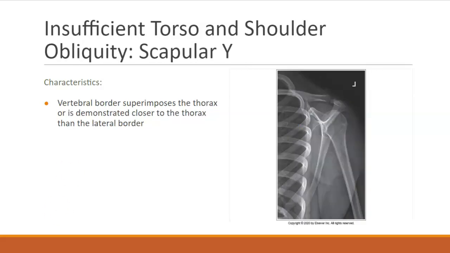In insufficient torso and shoulder rotation for the scapular Y, the medial border or vertebral border will superimpose the thorax, and it will be demonstrated closer towards the thorax than the lateral border, as you can see. Also, the glenoid cavity will rotate in that same direction of the lateral border, which should indicate to you that there is insufficient rotation here. We need to increase rotation.